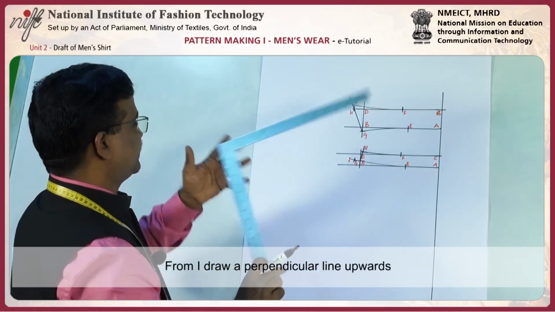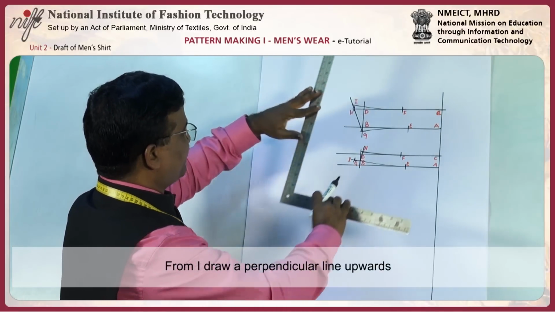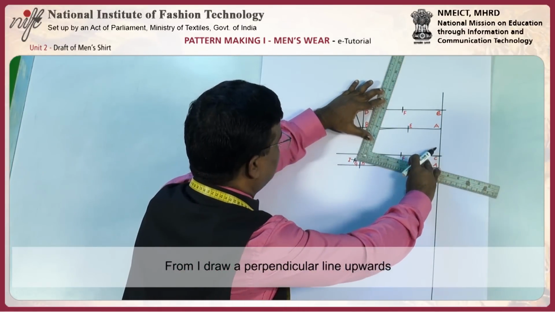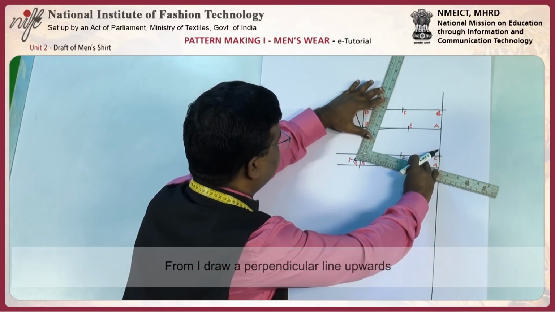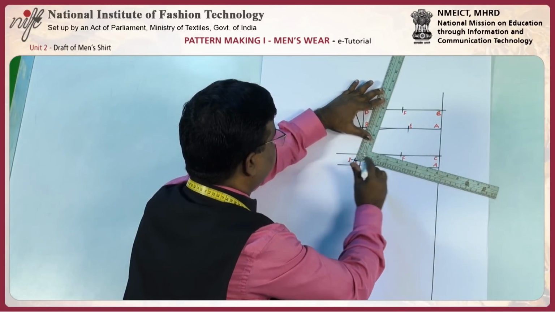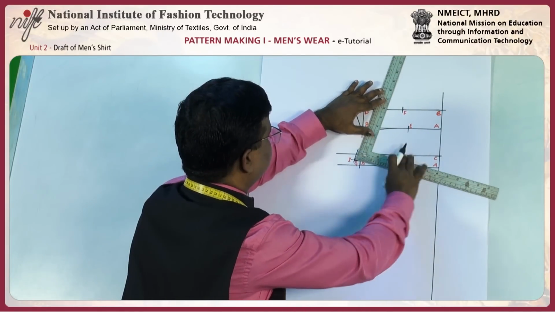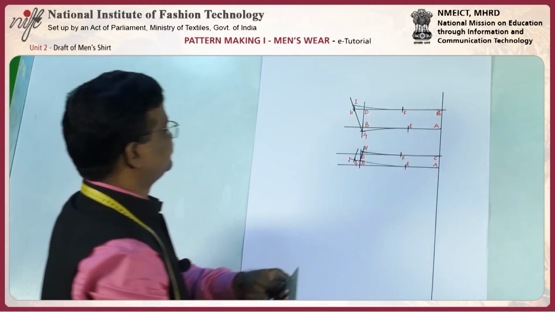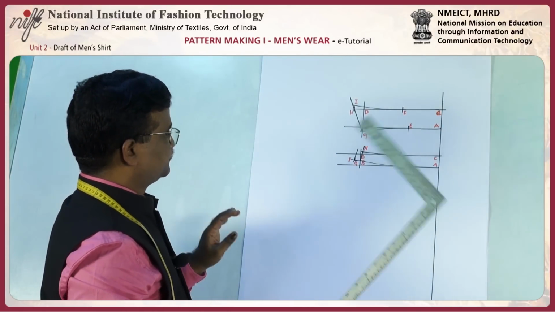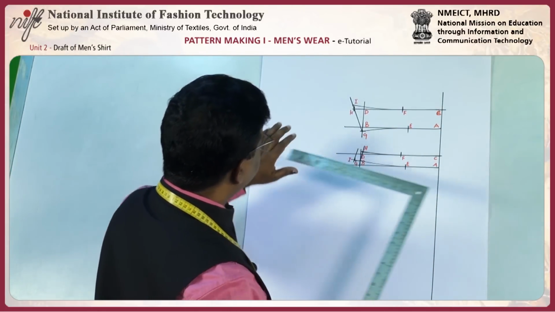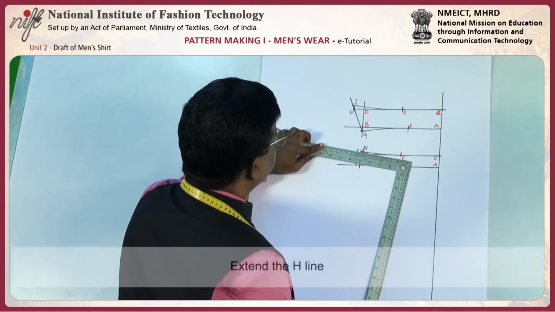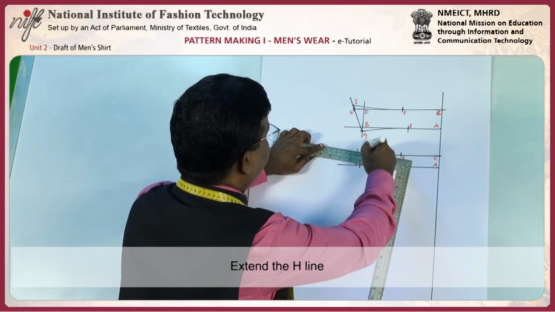From I, draw a perpendicular line upward. H line can be continued.